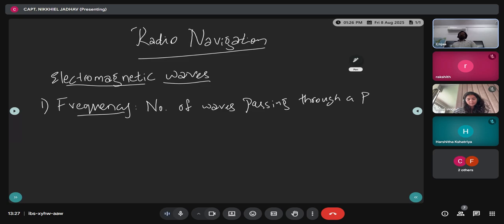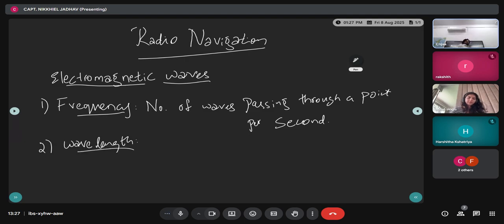Then, what is another characteristic of a wave? Wavelength. Another property is wavelength. What is the wavelength? It is the distance covered by a wave for one cycle.